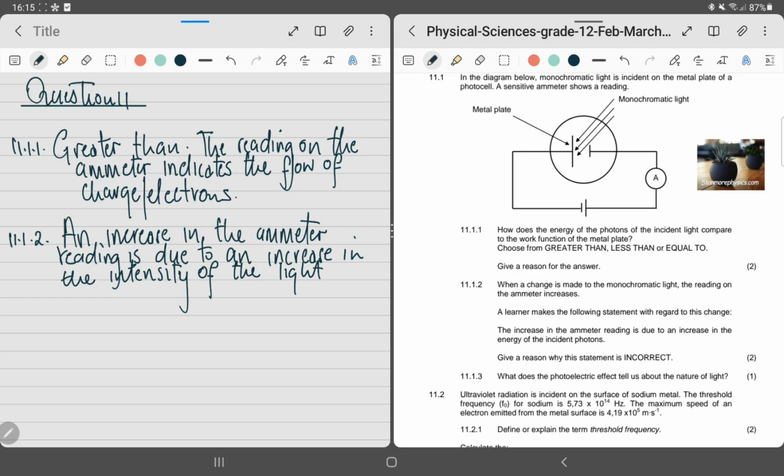So an increase in the ammeter reading is due to an increase in the intensity of the light and not due to an increase in the frequency of the light, in the energy of the photons.